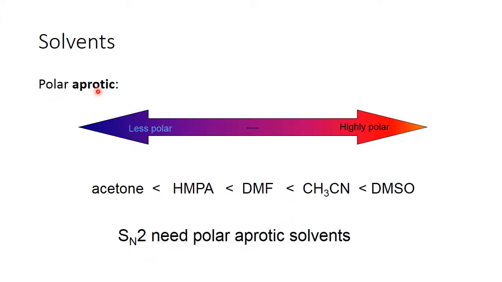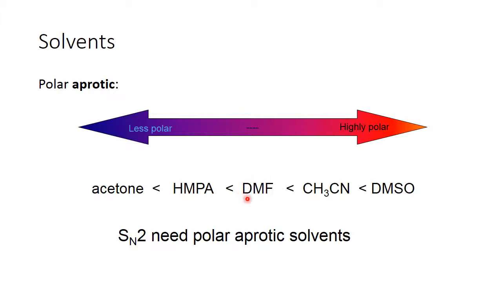Polar aprotic solvents increase the reaction rate of SN2 reactions. The more polar the solvent, the faster the SN2 reaction will be. So DMSO is highly polar. That's the acronym for dimethyl sulfoxide. This is acetonitrile, very polar. DMF is dimethylformamide.